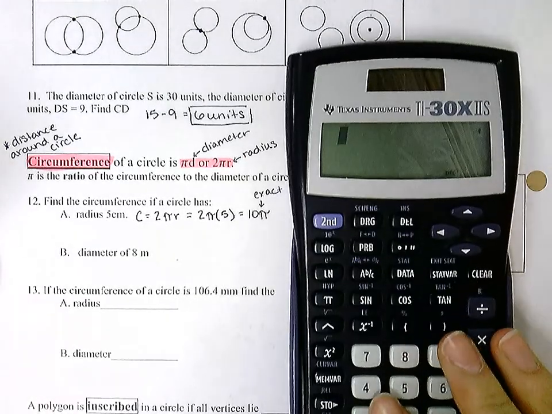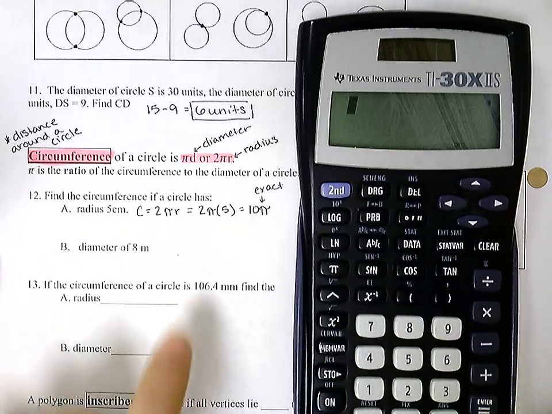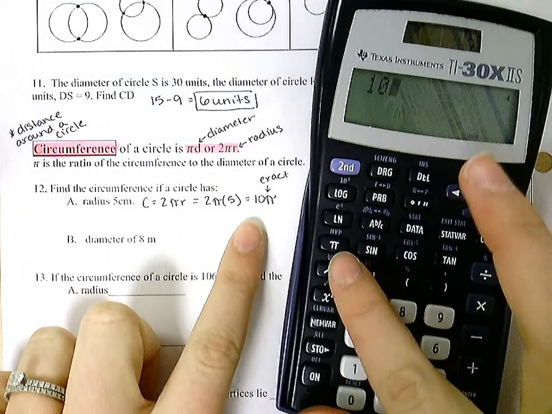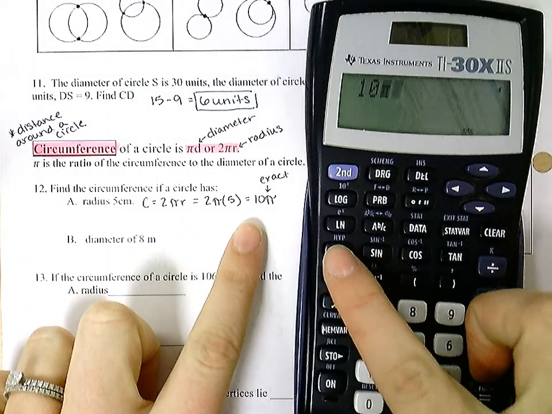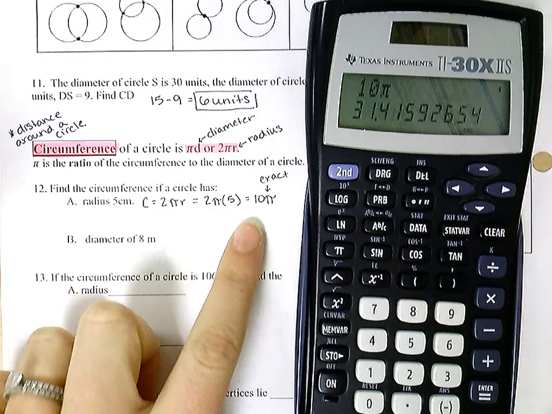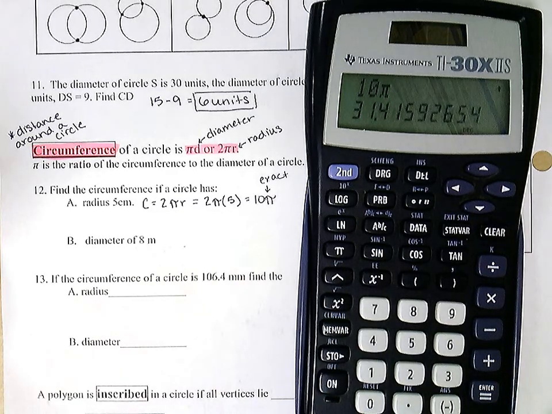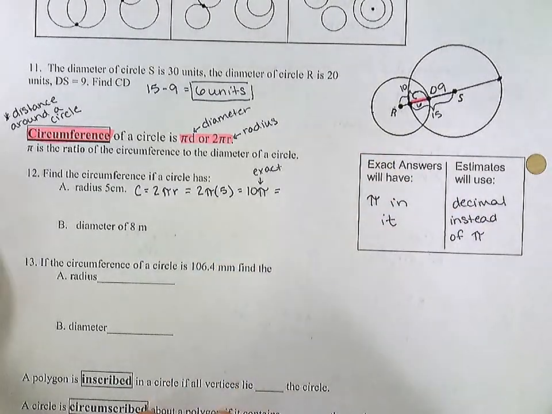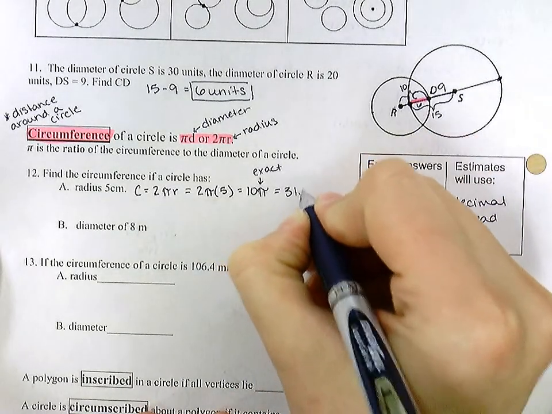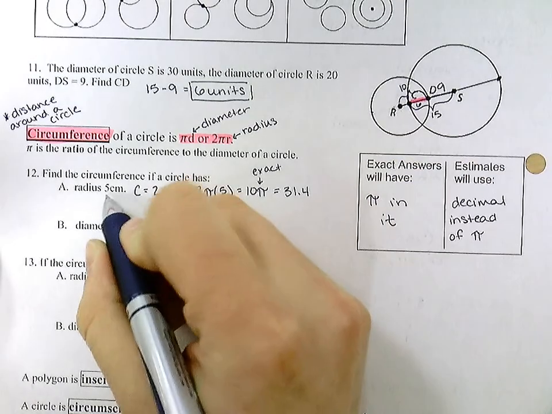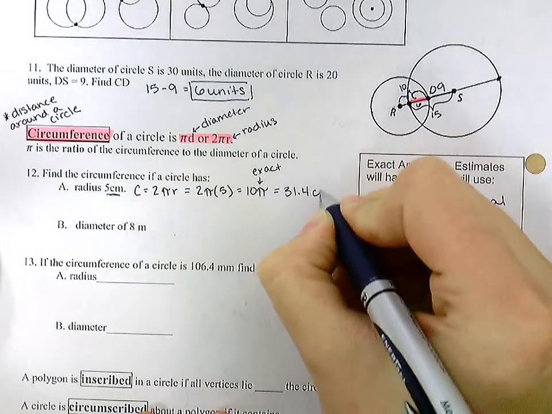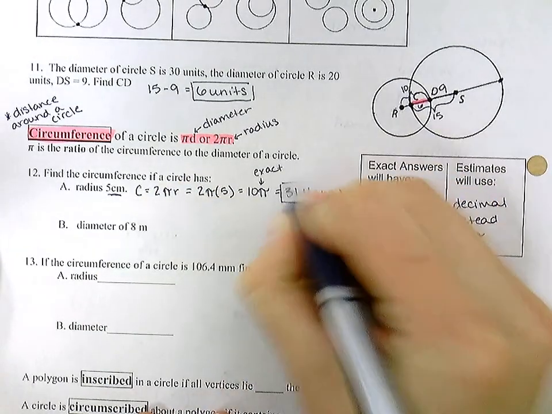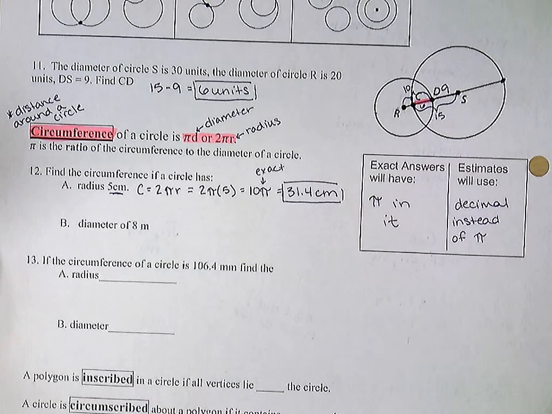So you type in 10, then the pi button, and then equals, and you would get your decimal answer. This would be about 31.4, and our radius was in centimeters, so this one should be in centimeters as well for our circumference.